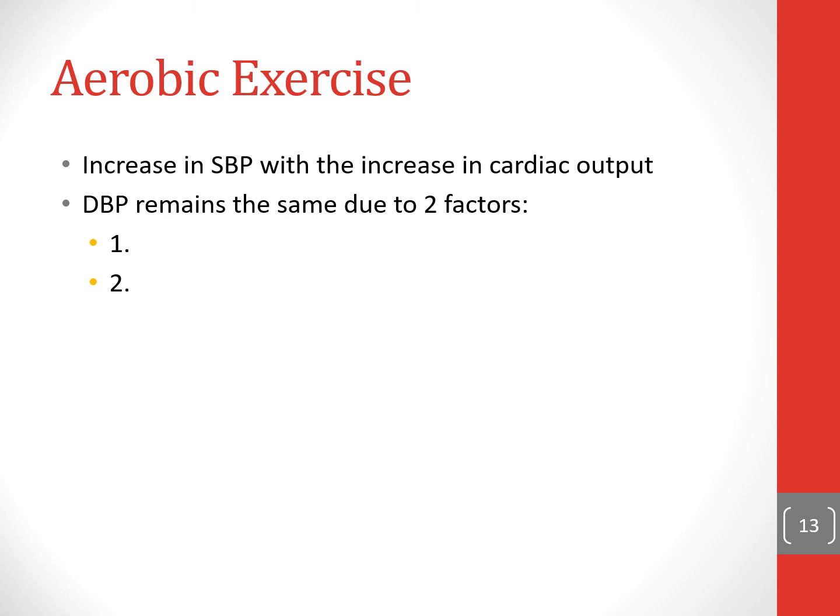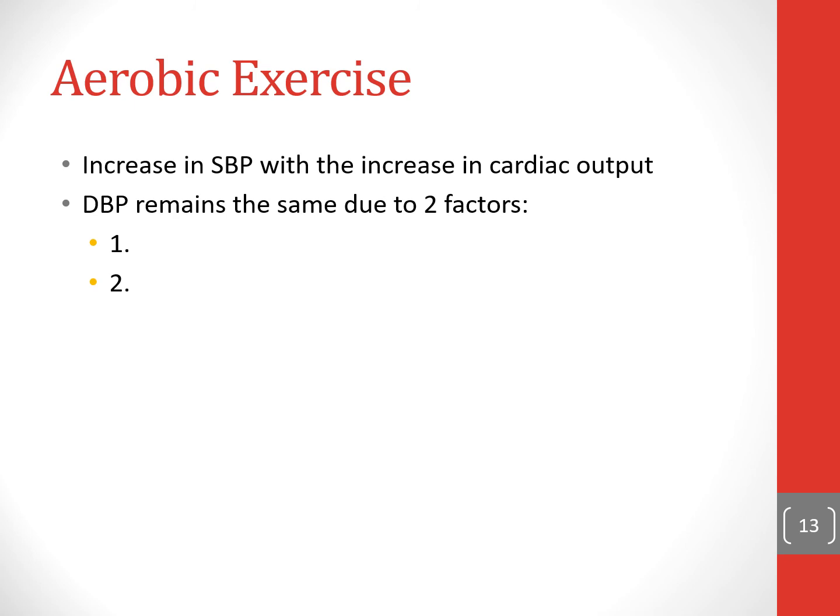Well, with aerobic exercise, instead of seeing compression against the vessel walls like what we saw with resistance training, we're going to actually see vasodilation of our arteries, leading to the skeletal muscle that's being utilized. So as I increase the vasodilation of these arteries, that will allow me to maintain the diastolic pressure.